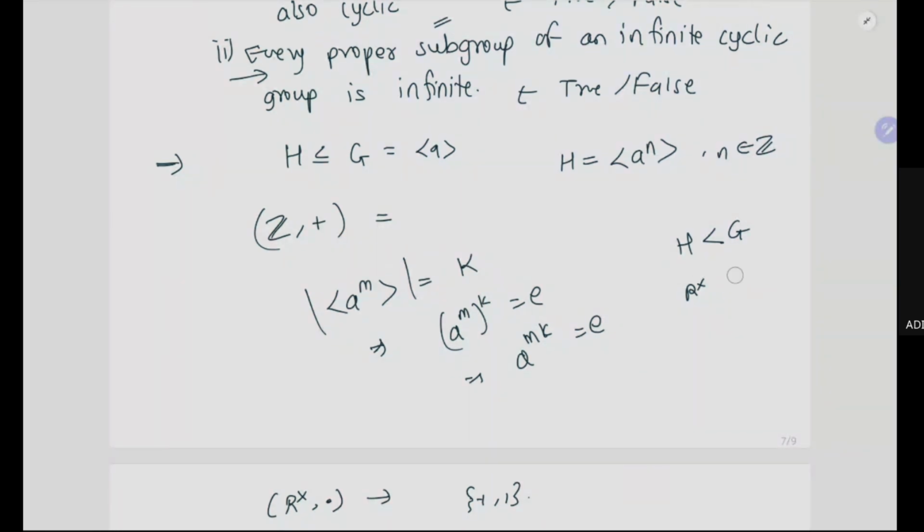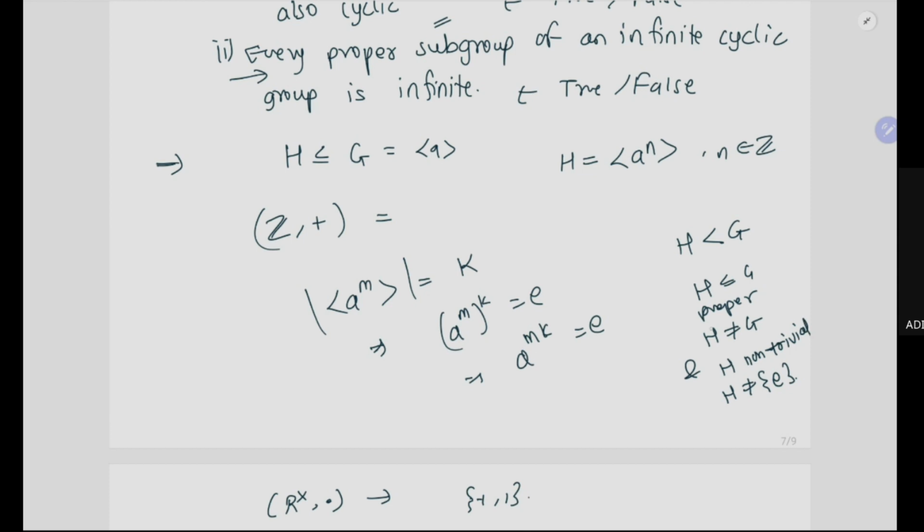H is proper if H is not equal to G, and H is non-trivial if H is not equal to the singleton {e}.